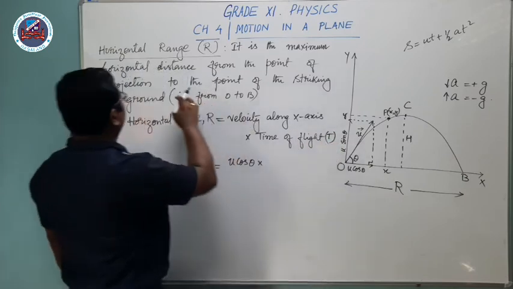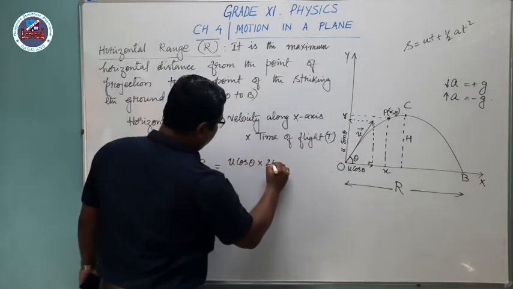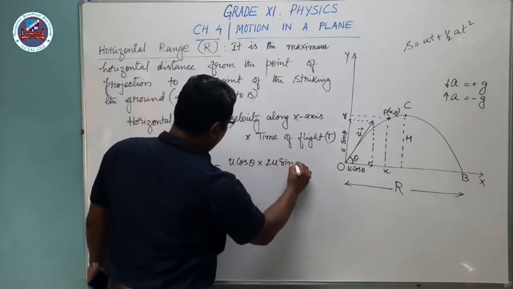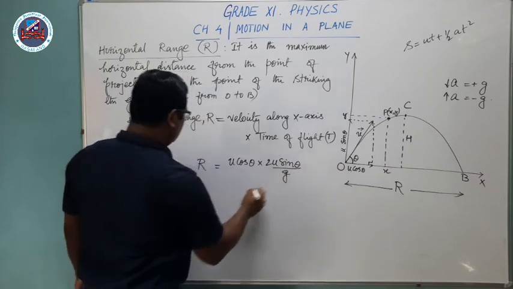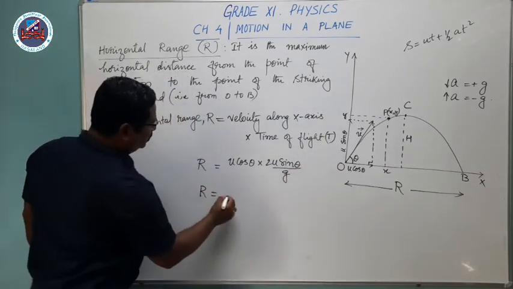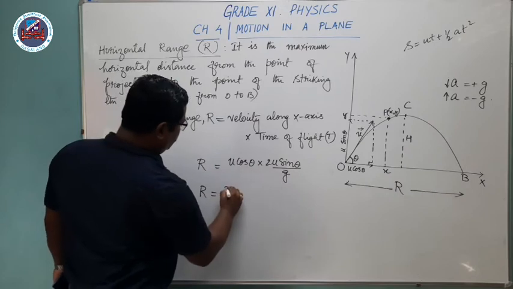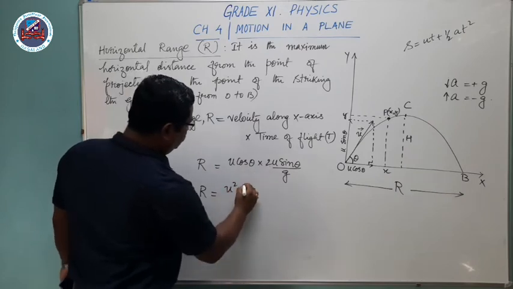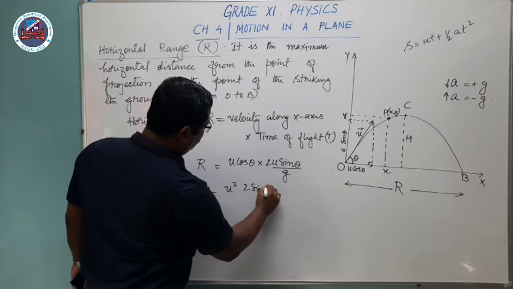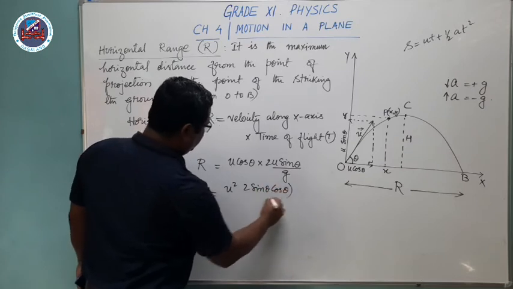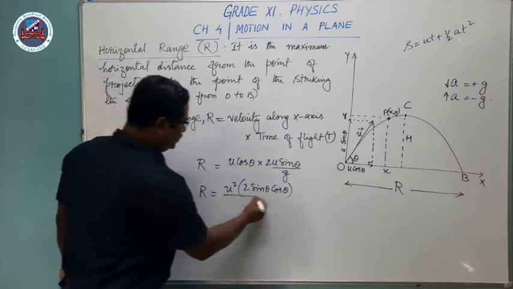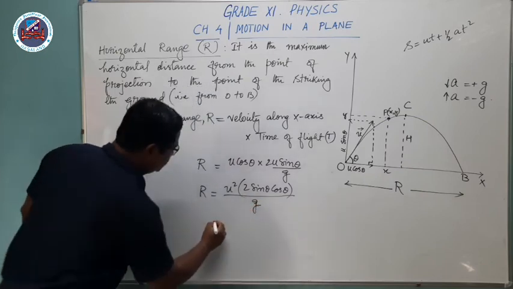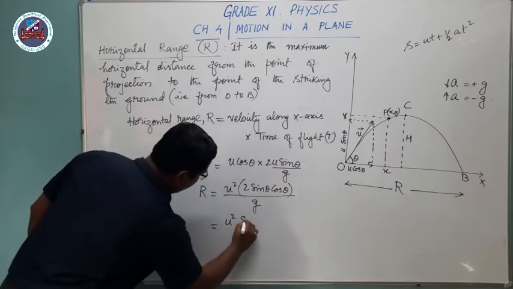Just now earlier we found it is 2u sin theta divided by g. So R is equal to u into u, which is u square, then you have 2 sin theta cos theta. Trigonometrically, 2 sin theta cos theta is equal to sin 2 theta.